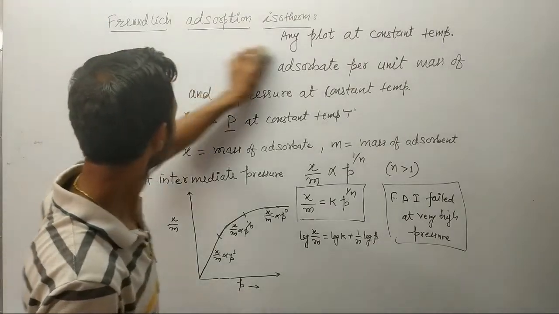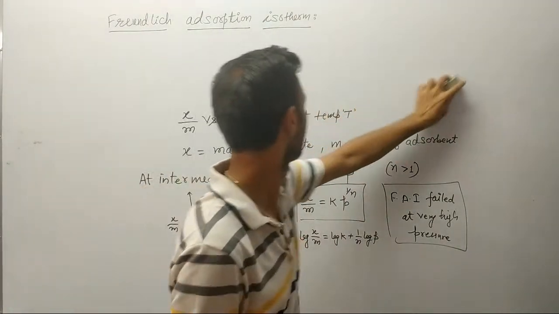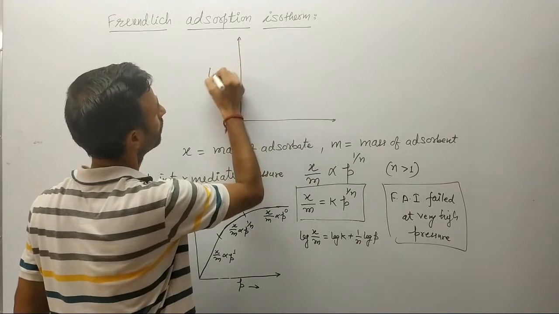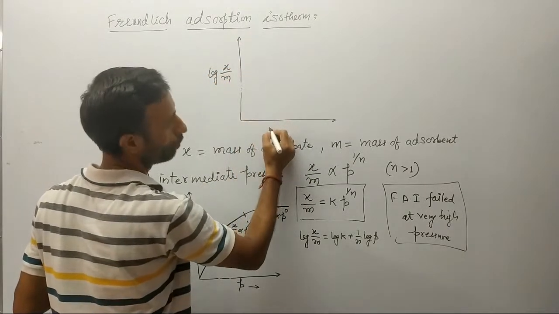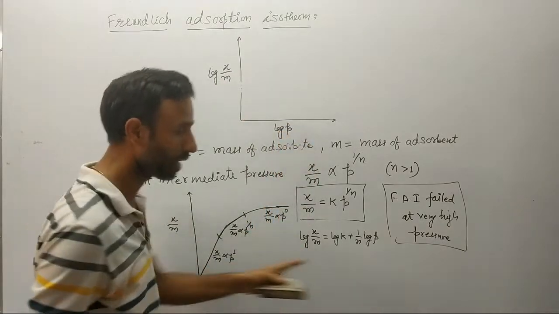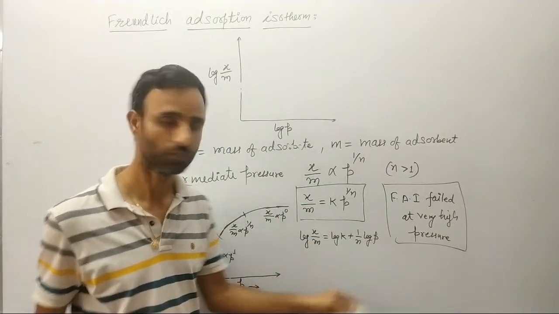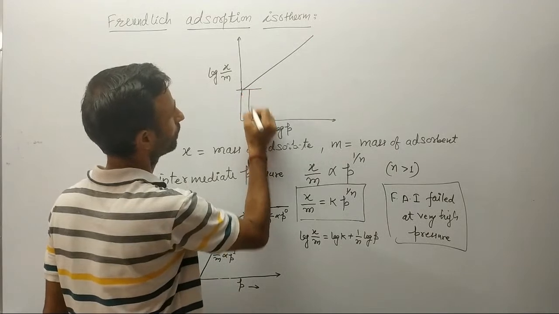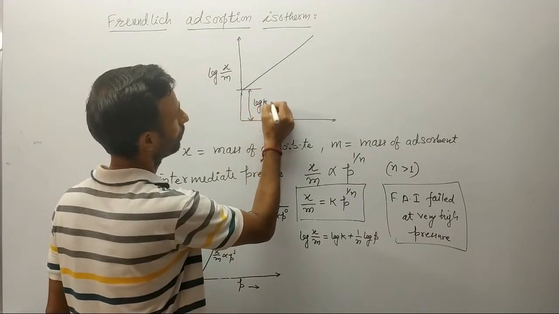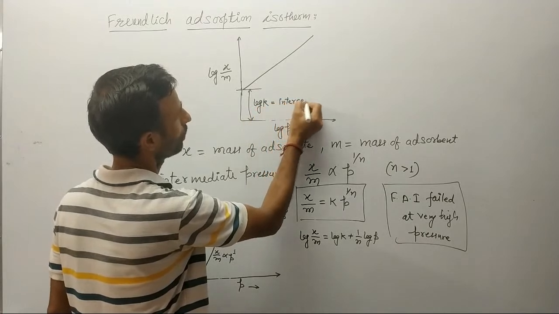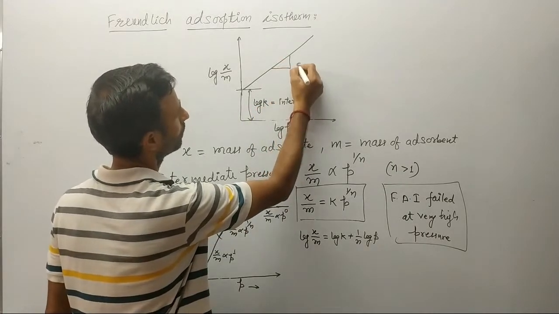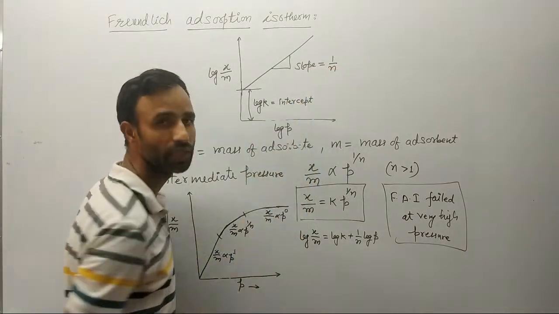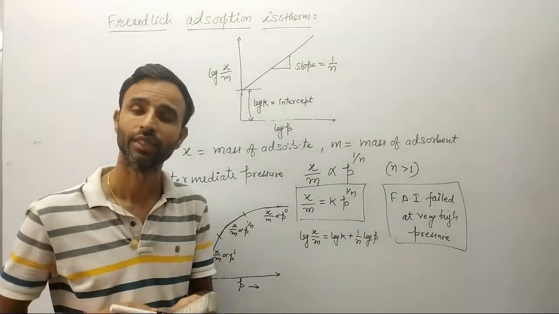So if we plot the graph between log x upon m versus log p, it is again a straight line with positive slope, and its intercept is log K and slope is 1 upon n.